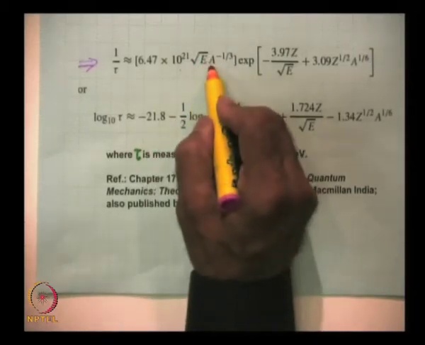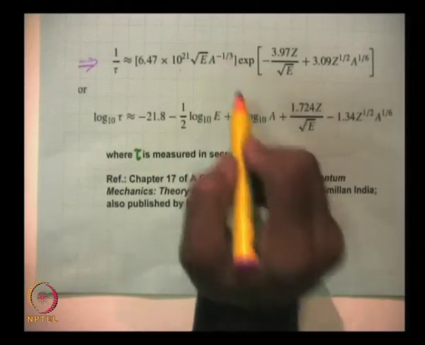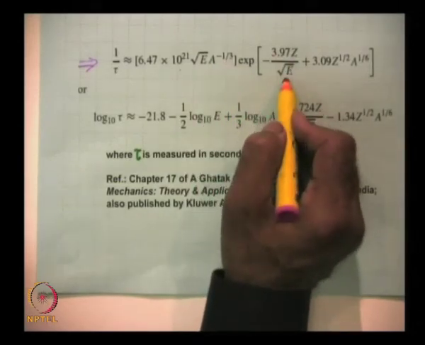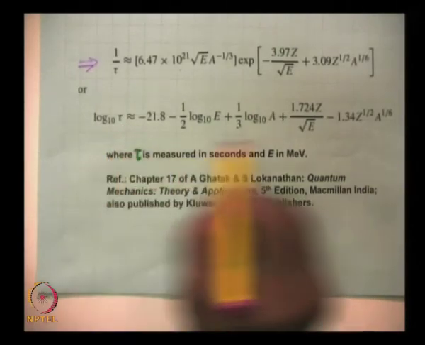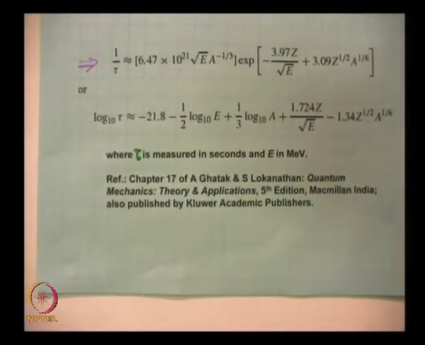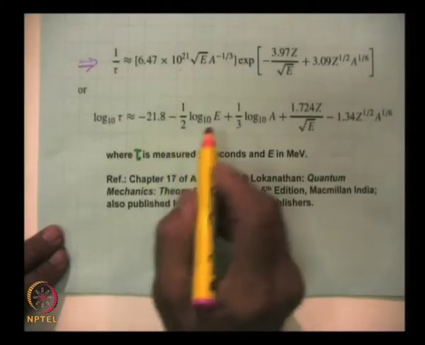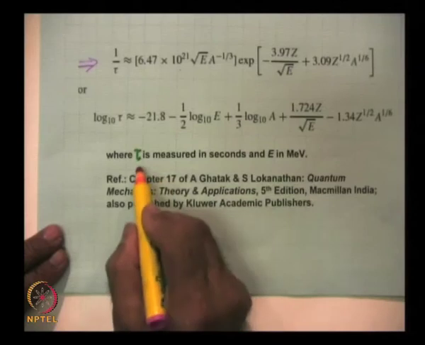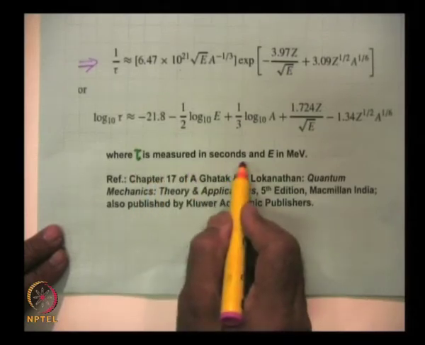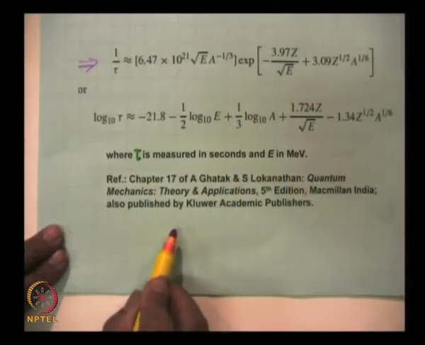A is the mass number of the nucleus, minus 1 by 3 exponential so much, and so if you take the log to the base of 10, then you get this approximate expression, minus 21.8 minus 1/2 log 10. So, where tau is measured in seconds and E is measured in MeV.